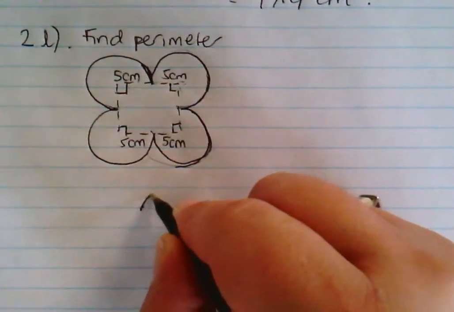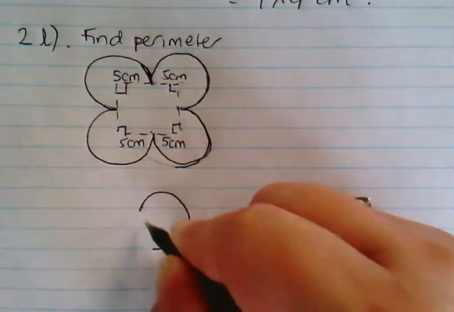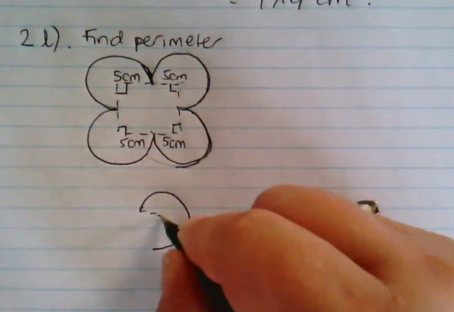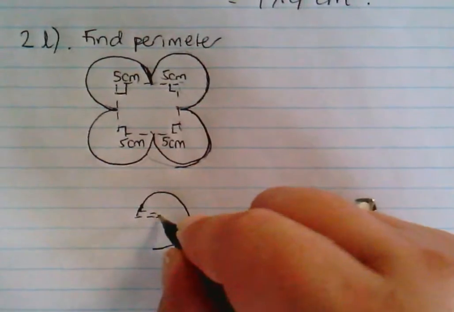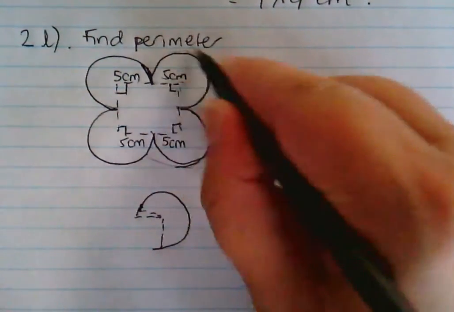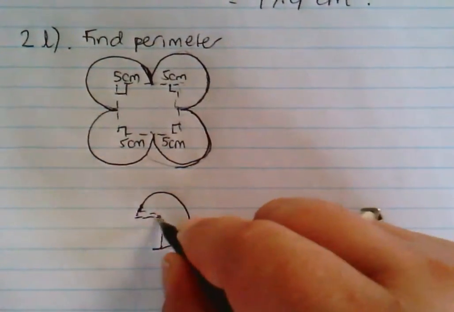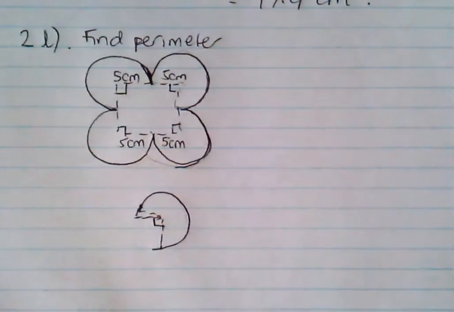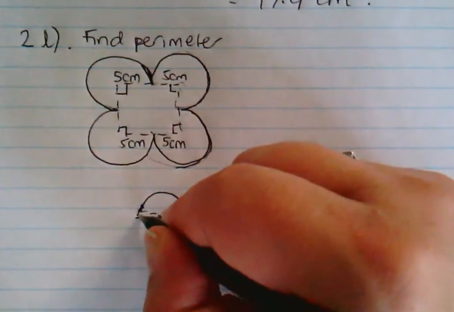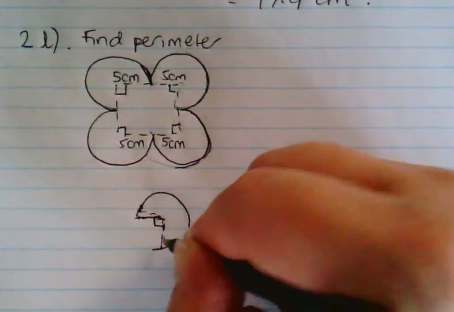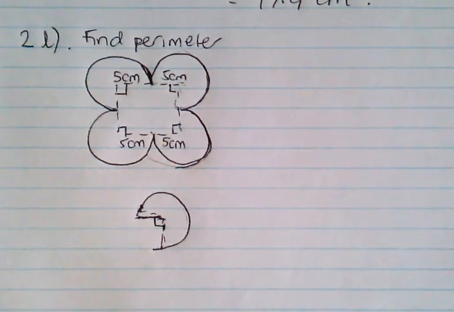I'm just looking at one section, and it looks like a quarter of the circle's cut out. So yes, Pac-Man. If a quarter's cut out, we've got 3/4 of the circle left.